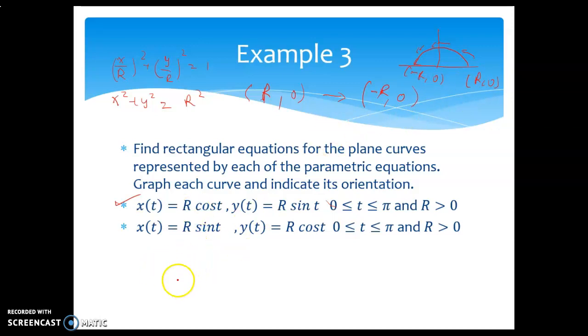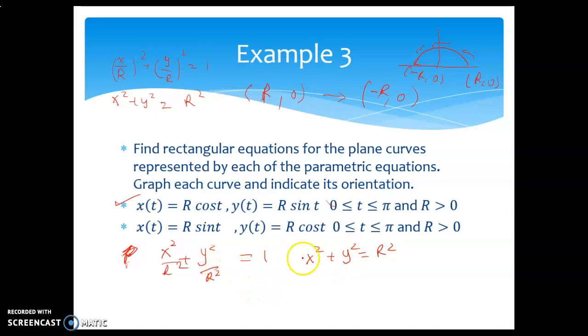Then when we do this for the other one, we get x squared over r squared plus y squared over r squared equal to 1. That means x squared plus y squared is equal to r squared.